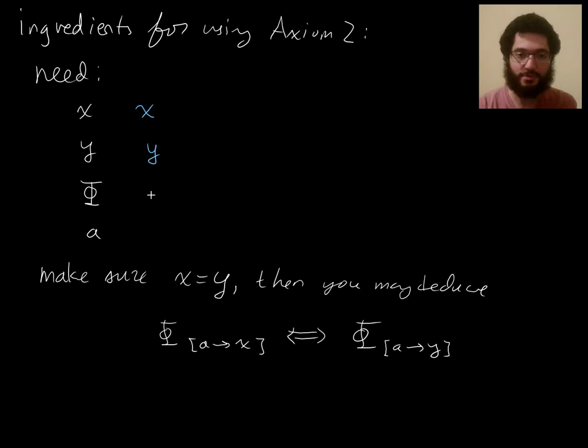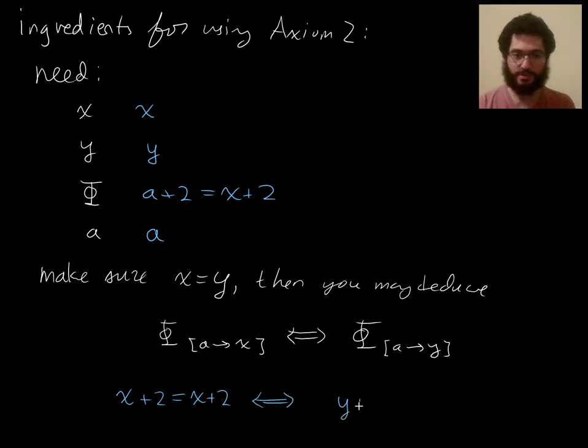Try using this for the proposition. So for a, I'll just use a still. And for the proposition, I'm going to do this: a plus 2 equals x plus 2. Then what does axiom 2 say? In a context where I know x equals y, it tells me that x plus 2 equals x plus 2 if and only if y plus 2 equals x plus 2.